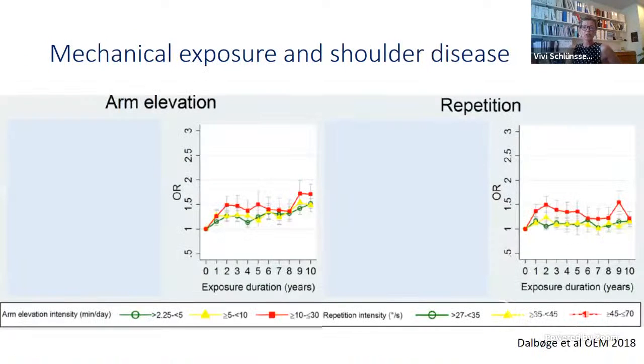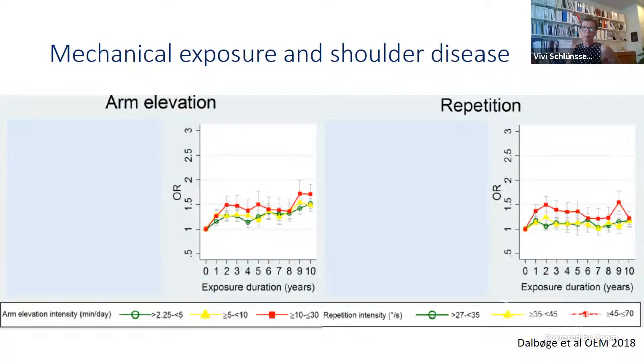And here you see their main results. On the x-axis, you have the exposure duration, and on the y-axis, you have the odds ratios. On the left-hand side, you have the intensity for arm elevation. On the right-hand side, you have the intensity for repetition.